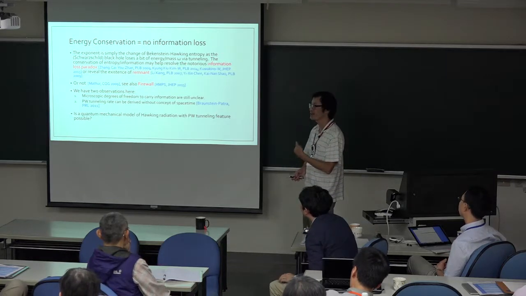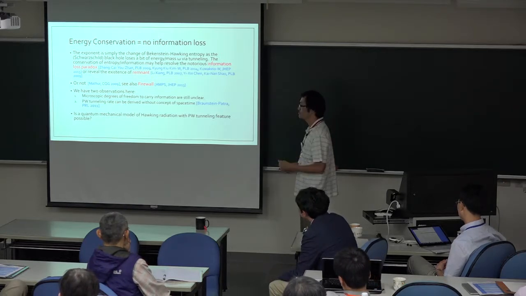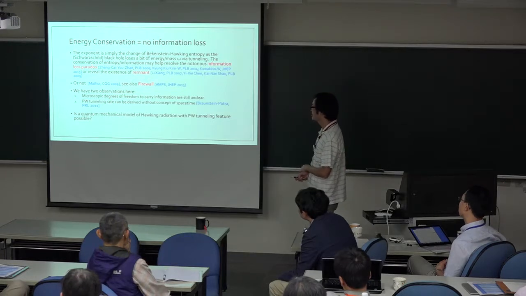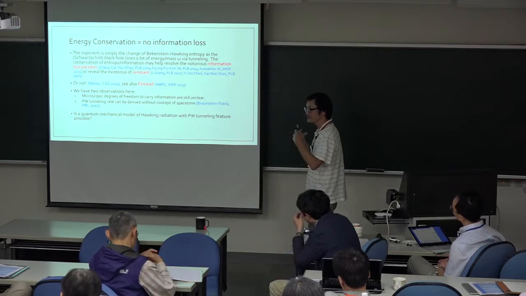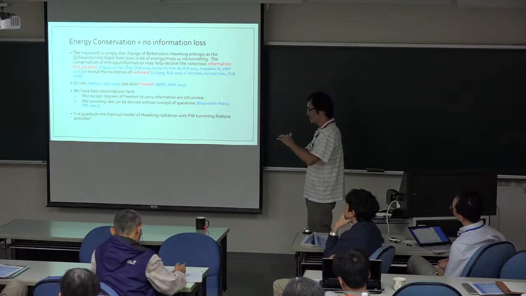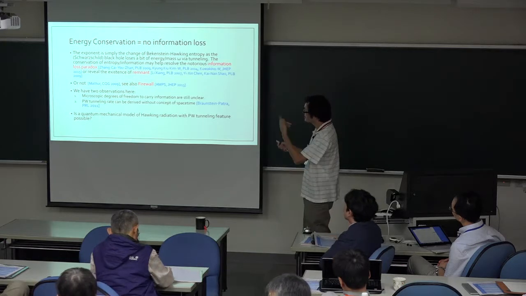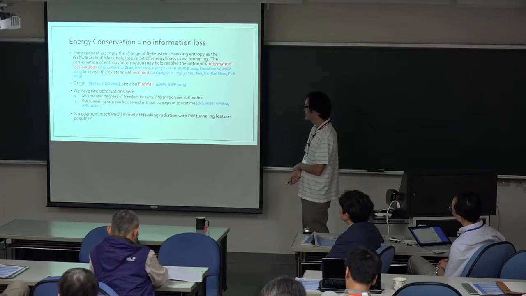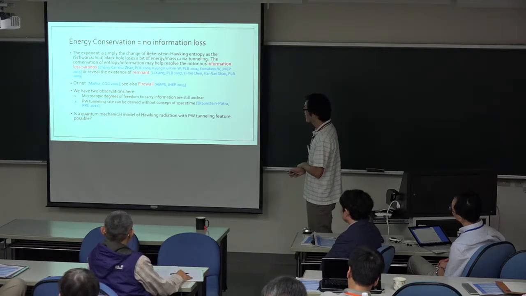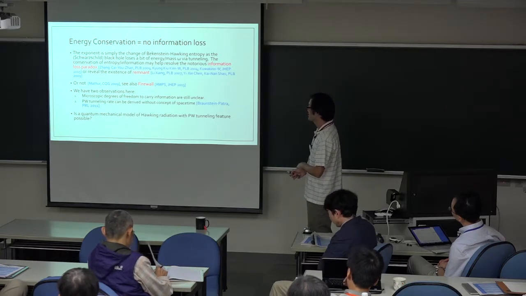In one of them he pointed out that if you want to derive the Parikh-Wilczek tunneling rate, which is this non-thermal radiation, you don't really need a space-time. Just based on some information argument, making the horizon a kind of boundary between two systems, and then conservation of energy or entropy, that would be enough to describe such a tunneling rate. So that gives me some idea that maybe I can really do something without the space-time.